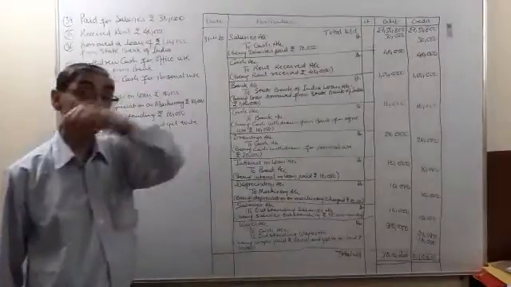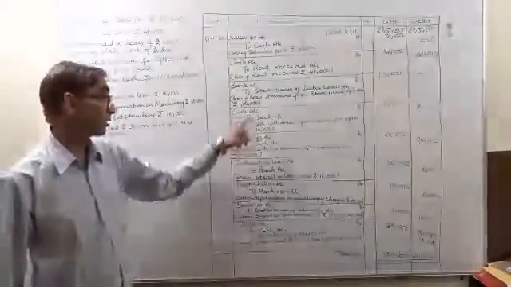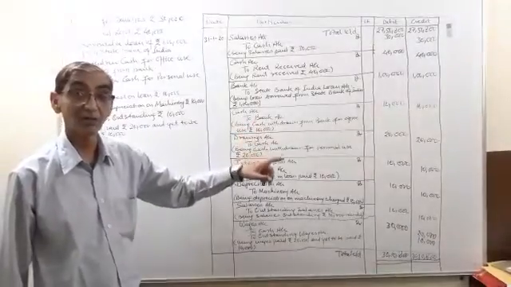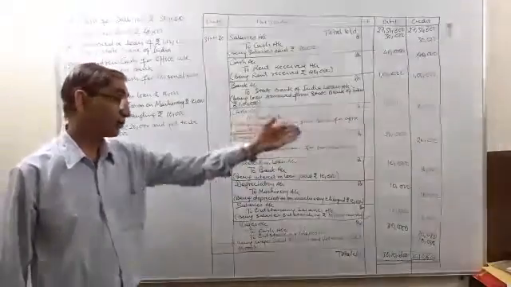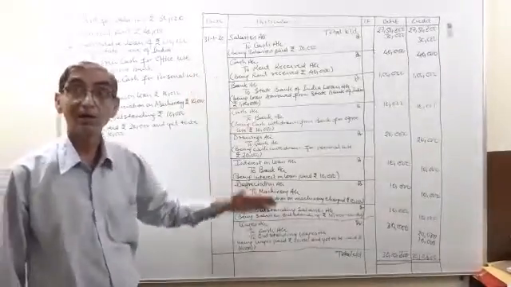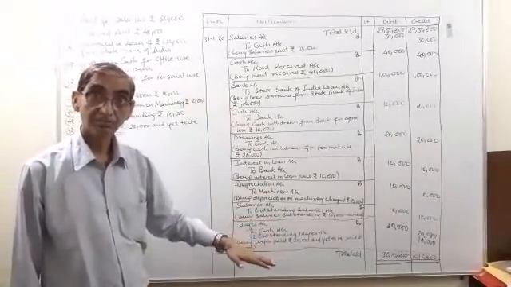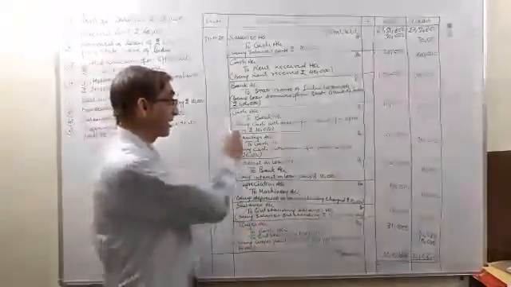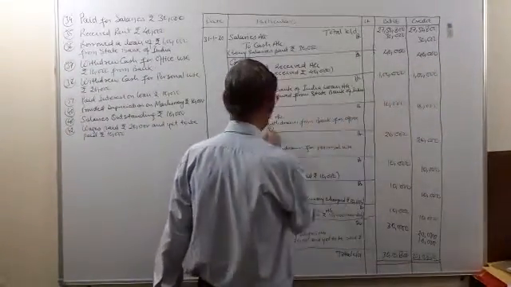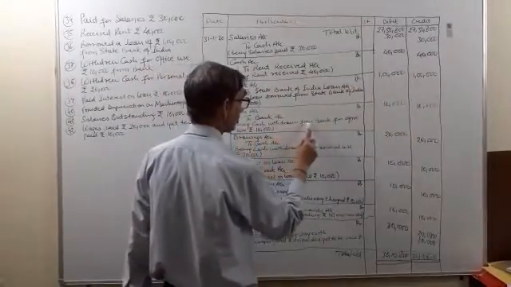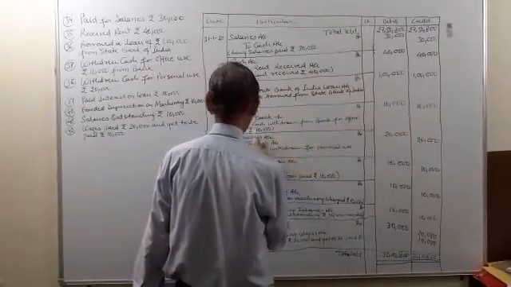And who is the giver of this money? The bank is the giver, if we consider bank as a personal account. Otherwise, we have withdrawn the money from the bank, so our bank balance is going to decline. When bank balance is an asset, decline in the value of asset is credited. So bank account will be credited. Being cash withdrawn from bank for office use, rupees 10,000.